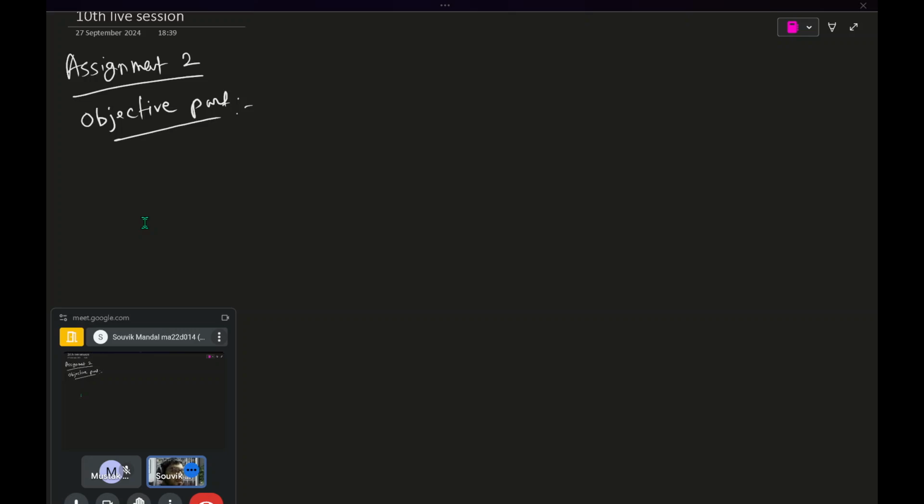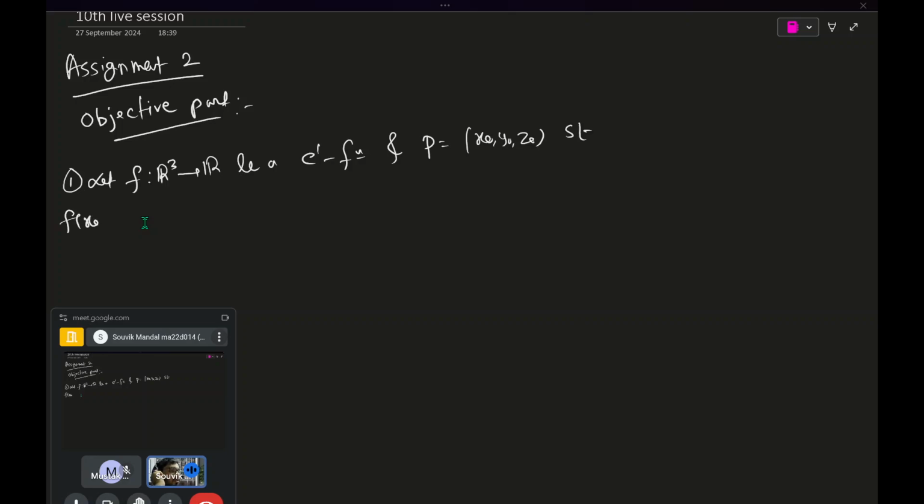Suppose, the first question is the following. Let f from R3 to R be a C1 function and suppose p is equal to (x0, y0, z0) such that f of x0, y0, z0 is equal to 0.